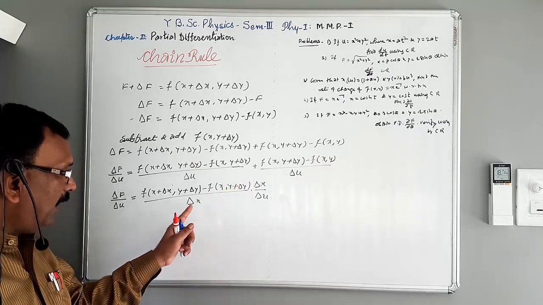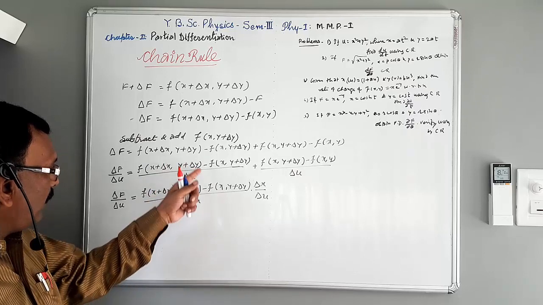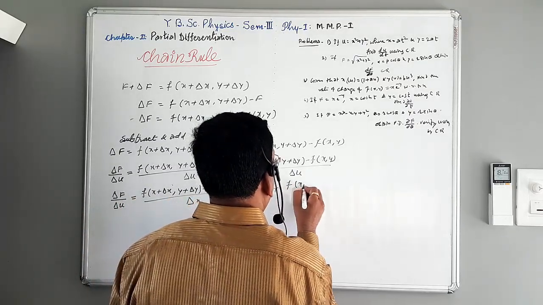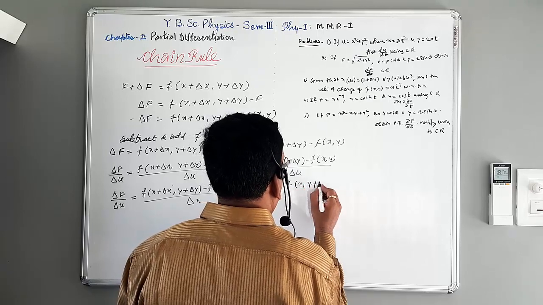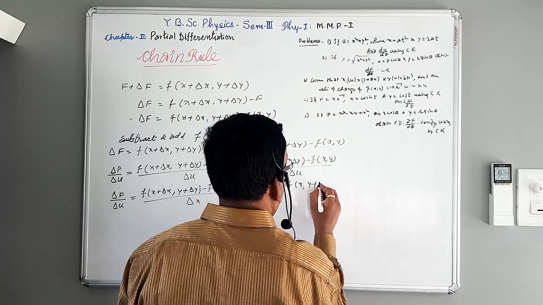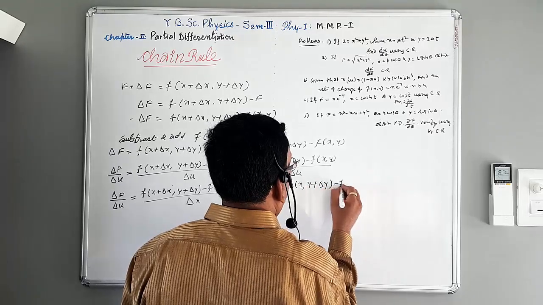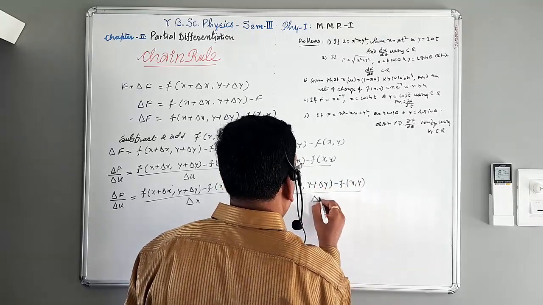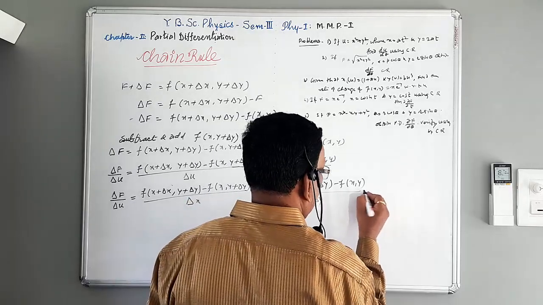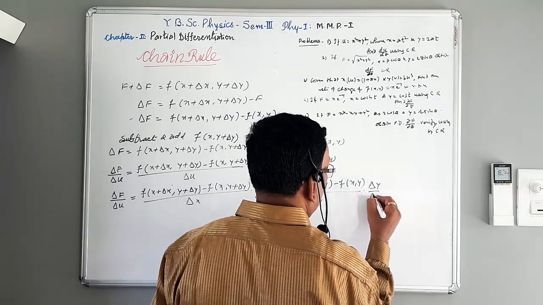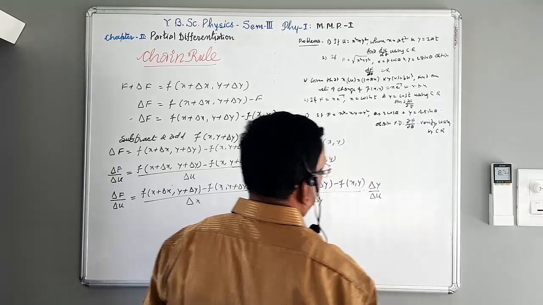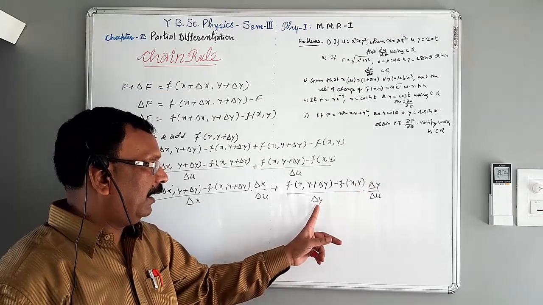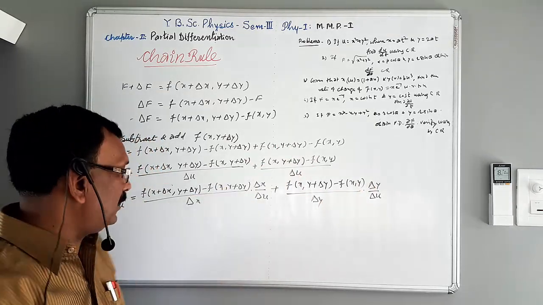By multiplying and dividing by the same term, the expression remains unchanged. Similarly, here also f of x comma y plus delta y minus f of x comma y upon delta y, multiplied by delta y, with delta u remaining as it is. Here also, multiplying and dividing by delta y leaves the term unchanged.